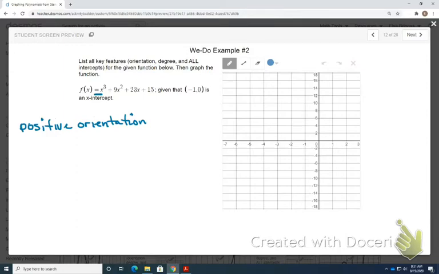The degree is 3 because the largest exponent is 3, so this is a third degree polynomial, also called a cubic polynomial. And we know that because it has positive orientation and it's a cubic polynomial, it goes down to the left, up to the right. So we know what it's going to look like at the ends.